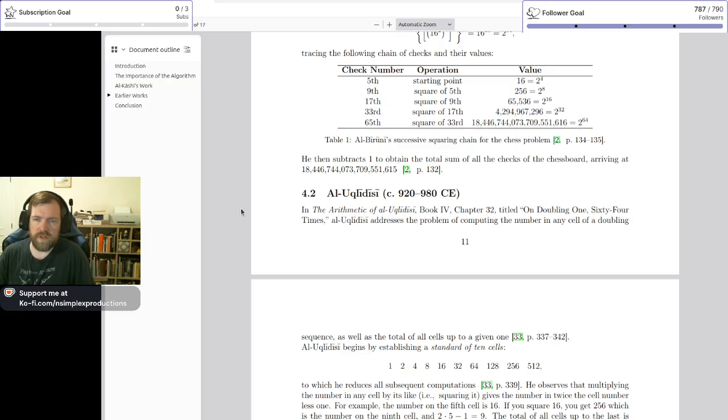He then subtracts 1 to obtain the total sum of all checks of the chessboard, arriving at the same number, 18.4 quintillion, but ending with 615 rather than 616.